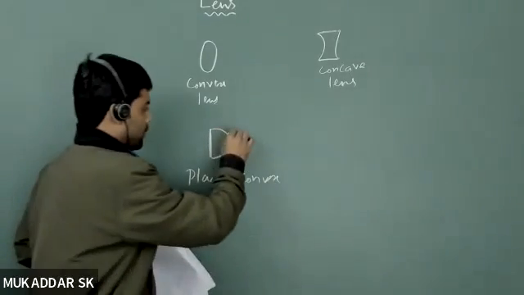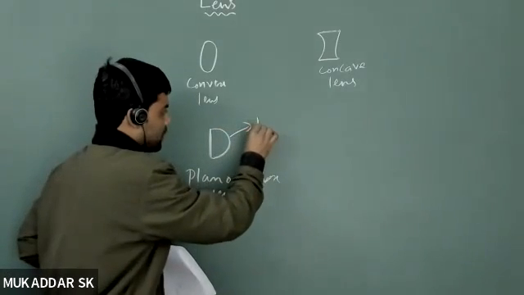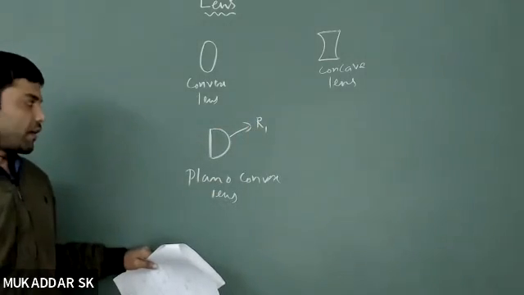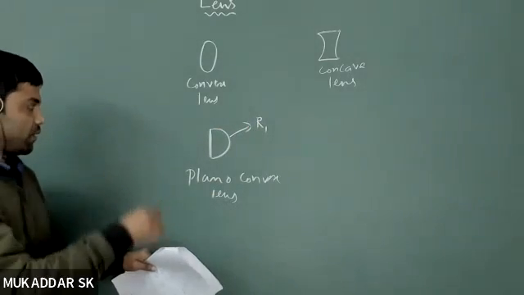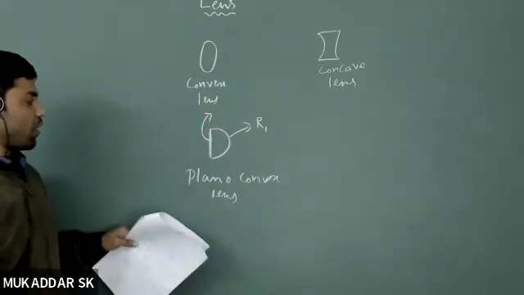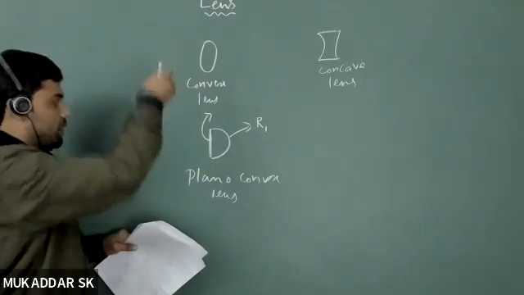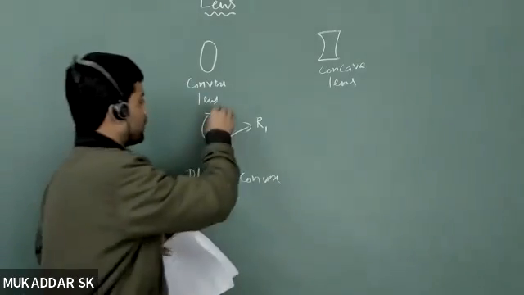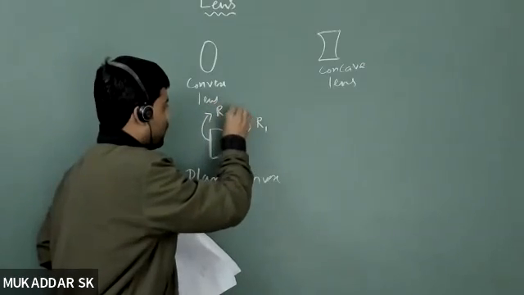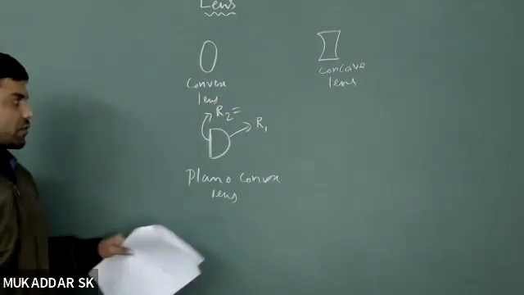So this surface will have some radius of curvature that is known as R1. Definitely it will have some finite value, right? For this surface, you see, this is not a part of any sphere, right? It's a plane. And let us assume the radius of curvature of this surface is R2. Then how much will that R2 be?